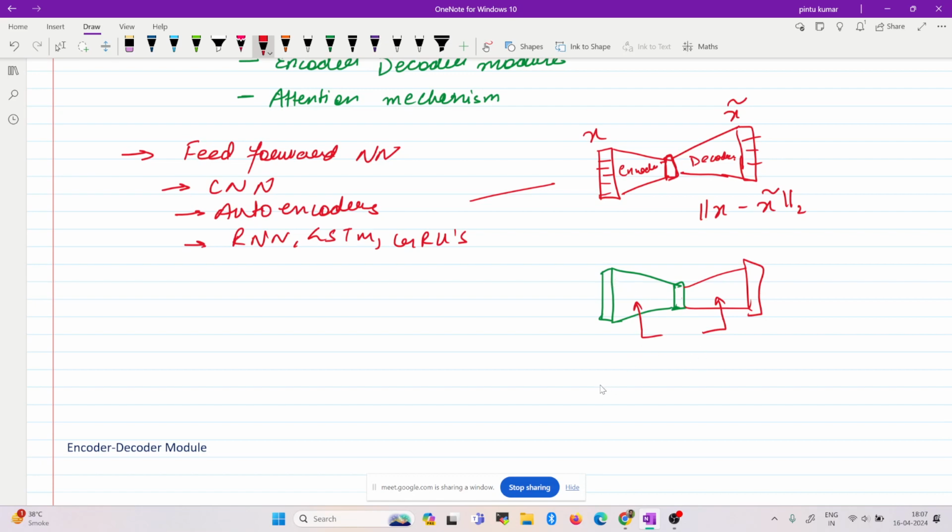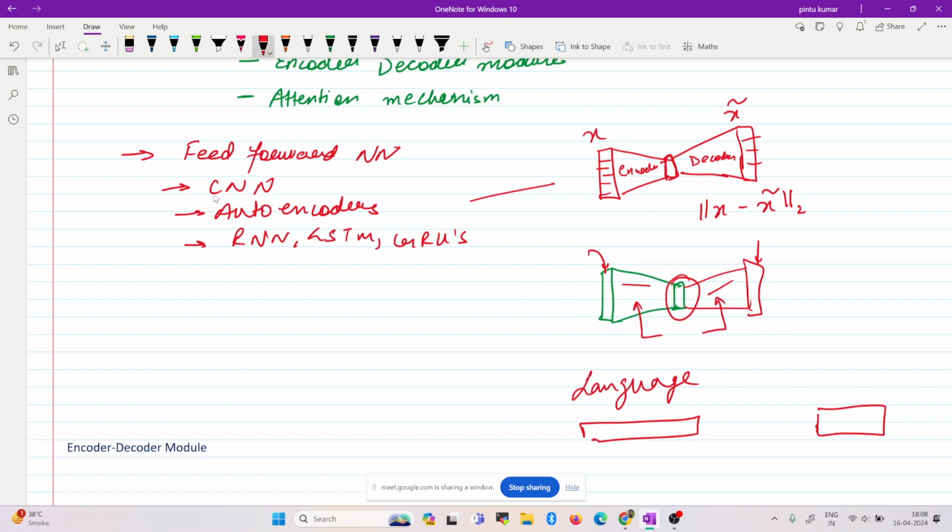For example, if you want to do language translation, I want to convert a sentence in English to a sentence in Hindi. So I want to input the sentence in English and I should get an output that is a sentence in Hindi. So I'm looking for an appropriate representation or encoder and a decoder module, so that if I use that, I'm able to do this kind of translation.